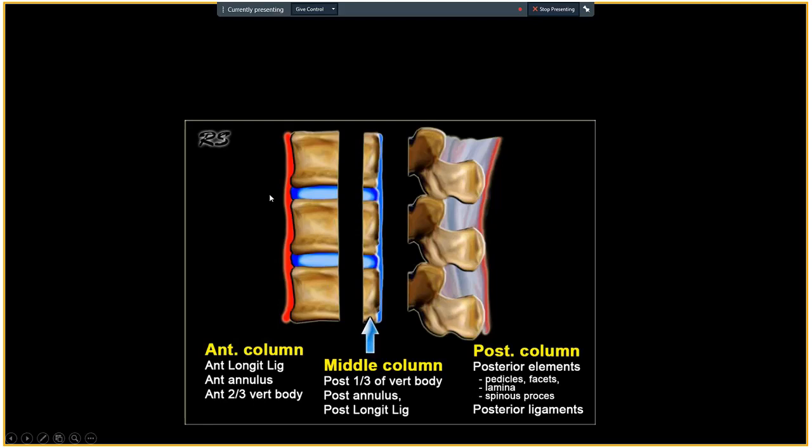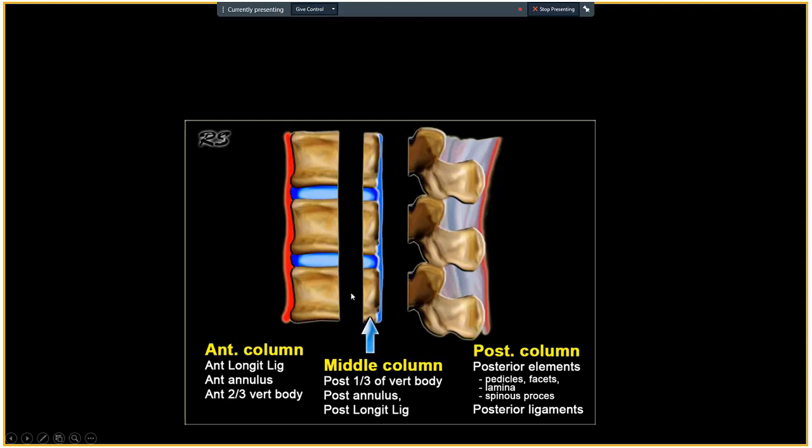If you look at this diagram, it divides your spinal column into 3 separate columns. The anterior column comprises the anterior two-thirds of the vertebral body, connected by the annulus fibrosus and the anterior longitudinal ligament. The middle column is the remaining third of the vertebra, the posterior longitudinal ligament, and the annulus. And column number 3 is the rest, the posterior elements and all the spinal ligaments.